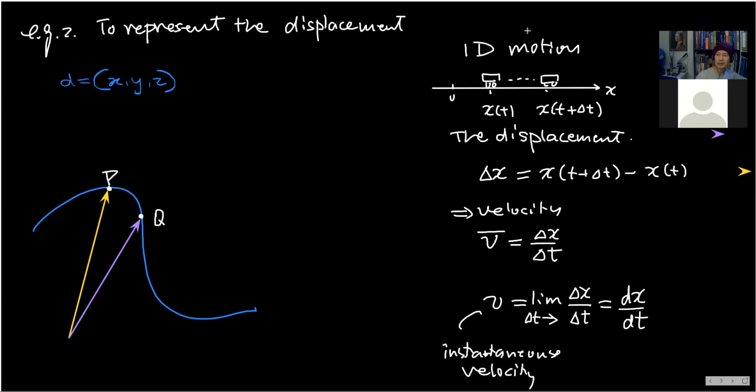This is the R vector at time T, and this is the R vector at T plus delta T, right? Can you represent the displacement in 3D? This is a 3D space, and this is the origin. You want to try?